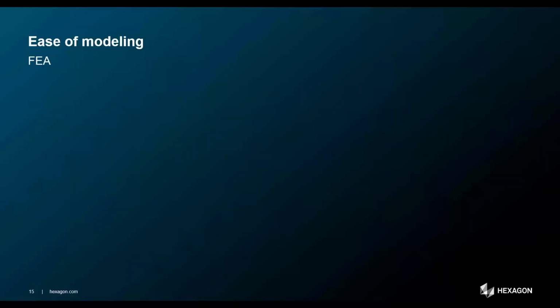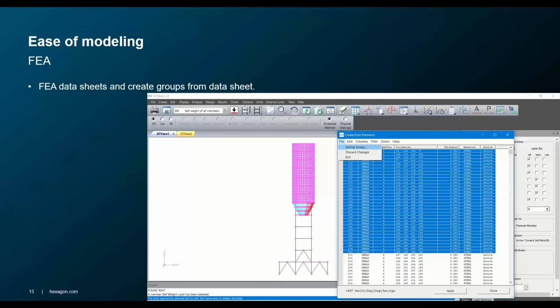Another area that's often complex for engineers is finite element analysis, right? It's tough as it's a mixture of physics, art, and frustration to get it done successfully. Well, engineers can now leverage a familiar Excel type interface we call data sheets to create and edit element data or even create groups of elements, which enables you to organize your FEA models and greatly improves the ease of use when working with FEA elements.